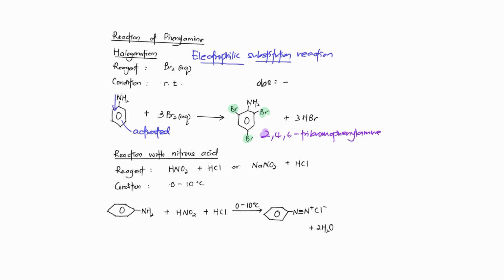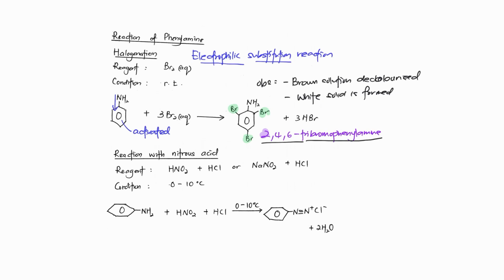We could have brown solution of Br2 aqueous turns colorless, decolorizes, and next we could see a white solid, which is the 2,4,6-tribromophenylamine.